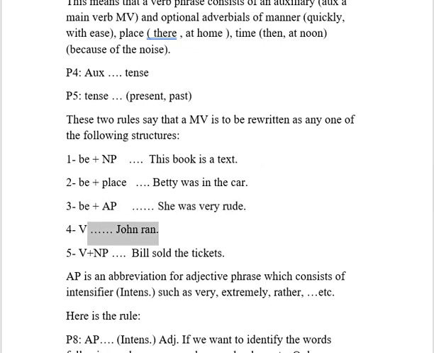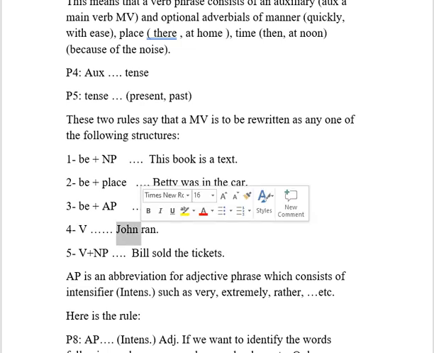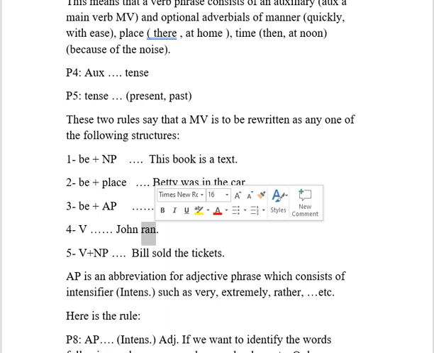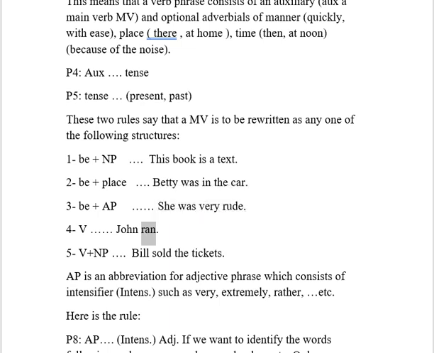Number 4, just verb, like John ran, in past. Number 5, verb plus noun phrase. For example, Bill sold the tickets.